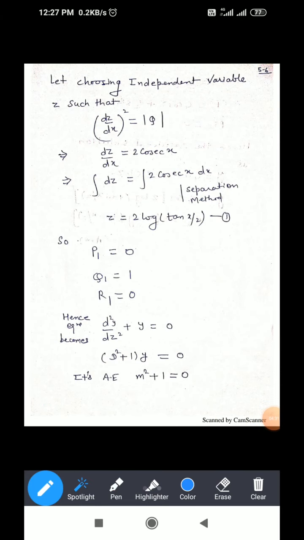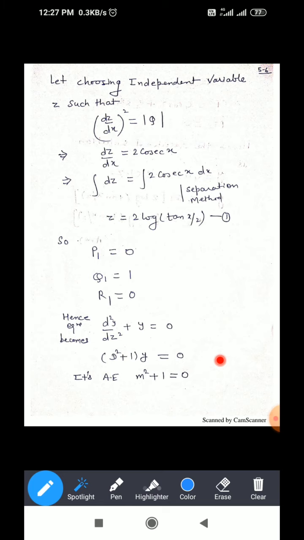So here whenever we put the values of p1, q1, r1 in the new second order differential equation, then the equation becomes d2y by dz square plus y equal to 0. It is clear that here D square plus 1 y equal to 0. Therefore its auxiliary equation is m square plus 1 equal to 0. Now we find the roots of m square plus 1 equal to 0.